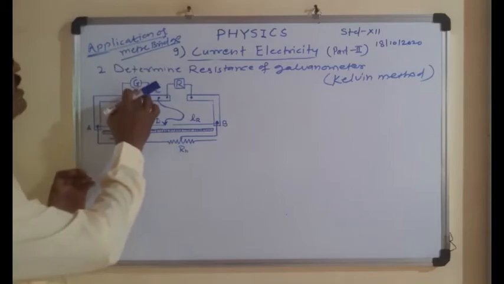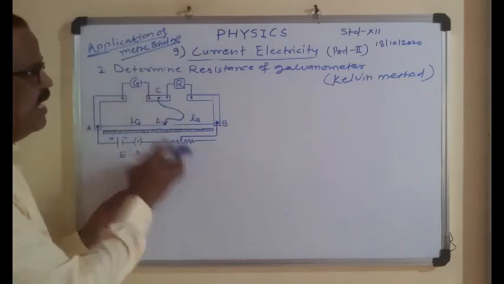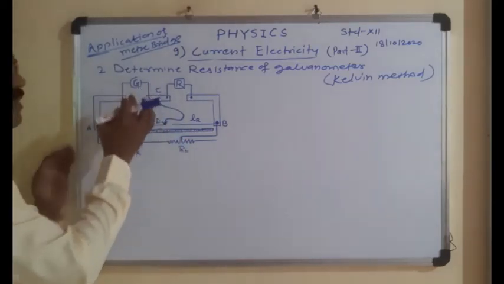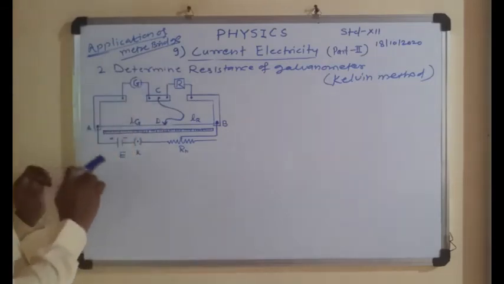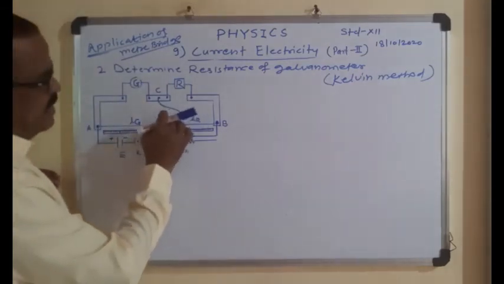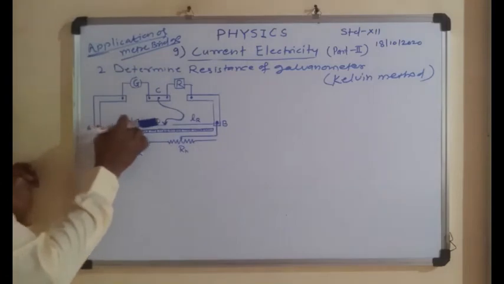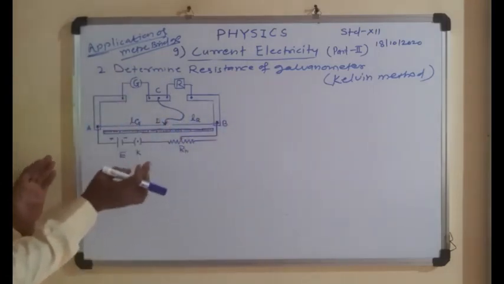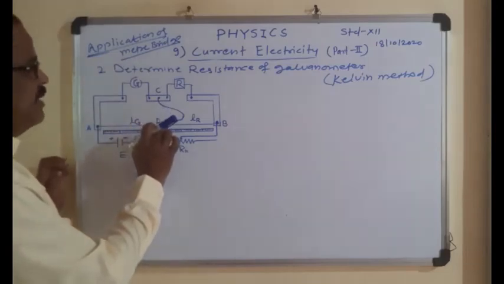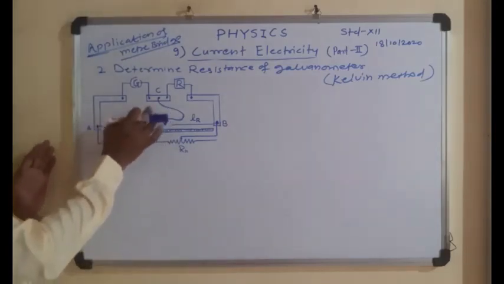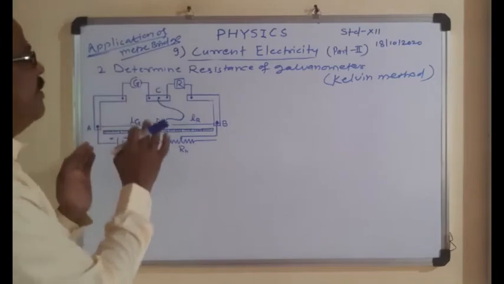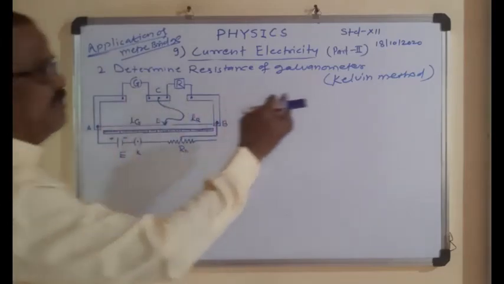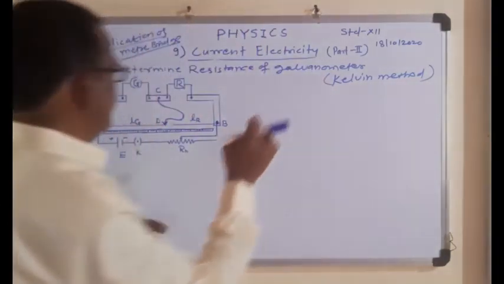If the deflection is larger, then the rheostat is adjusted and the deflection is kept within the limit. Then the sliding jockey is tapped on the wire AB in such a way that the point of contact D is obtained. At that time the galvanometer shows equal deflection. The equal deflection method is called the Kelvin method.